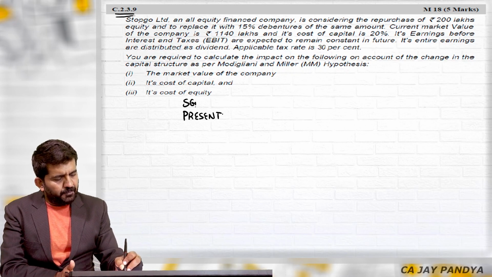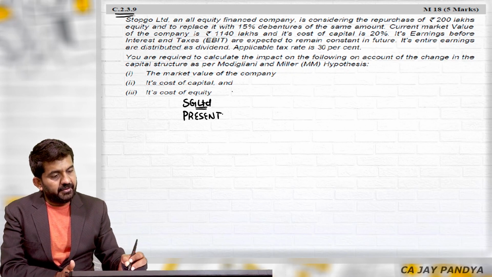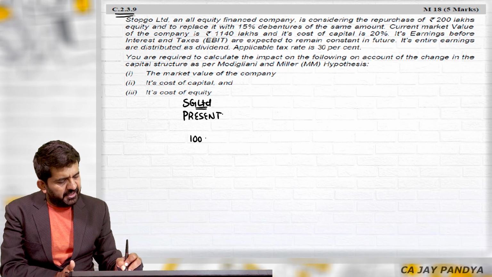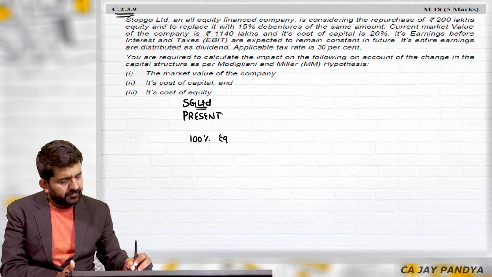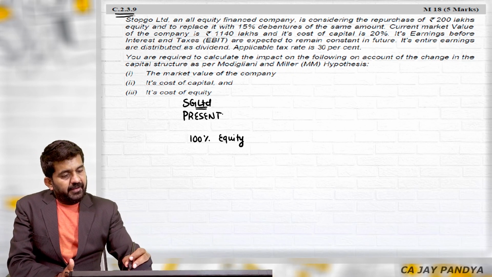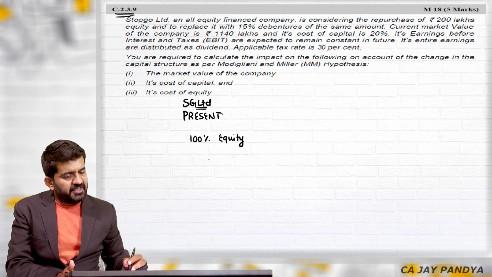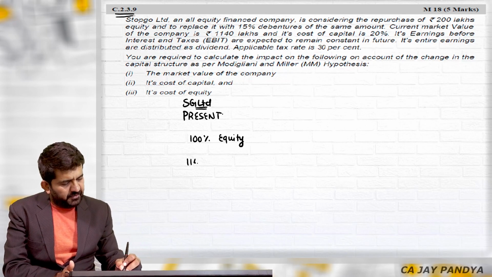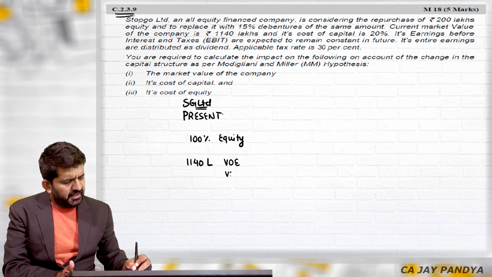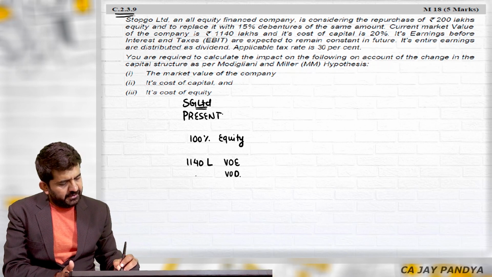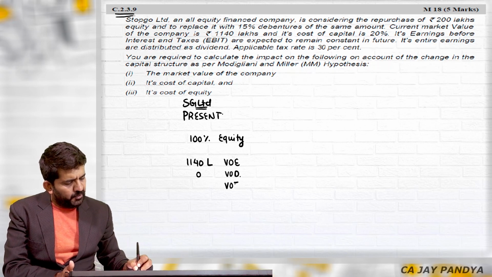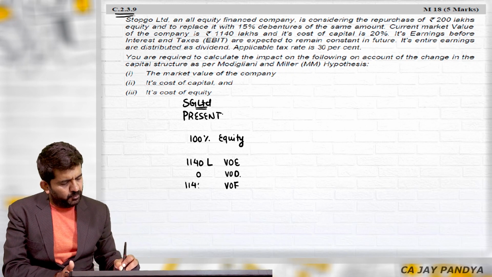The company is 100% equity. The current market value of the company is 1140 lakhs. 1140 lakhs is the value of equity, and the value of debt is 0. So value of firm is 1140 lakhs.